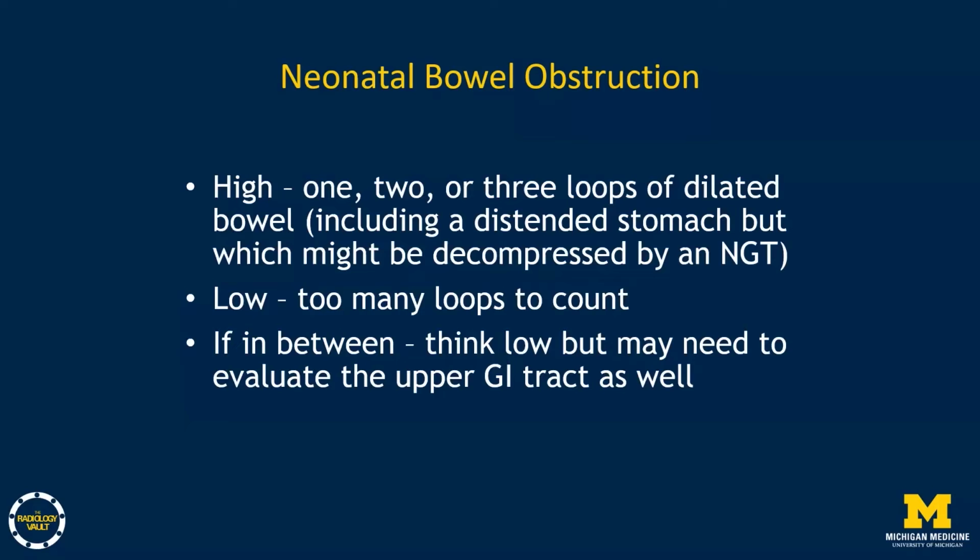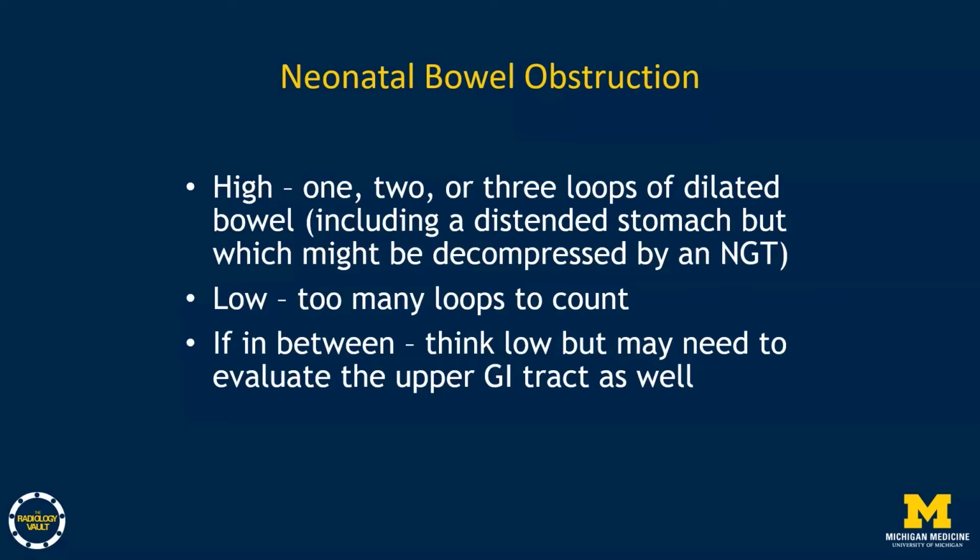In a high bowel obstruction, on a recent abdominal radiograph, you should see only 1, 2, 3, maybe a fourth loop of dilated bowel. Now, you have to include a distended stomach, but however, the stomach may be decompressed by an NG tube. So if you see an NG tube in place, then consider the stomach also distended.